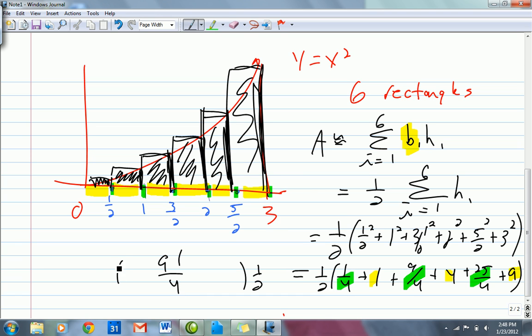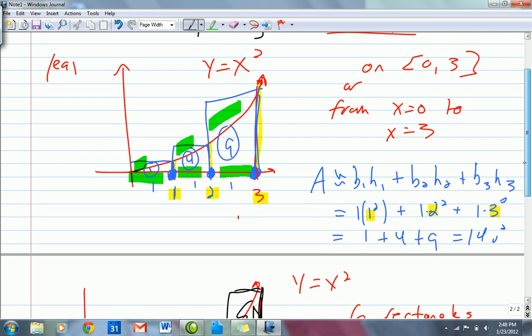And I multiply that by 1/2, it's 91 eighths. Which is, let's see, 11 and 3/8. Okay, so that's a better approximation, 11 3/8, than the original 14.